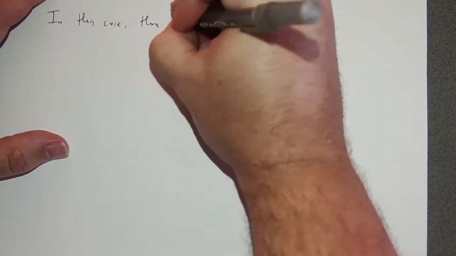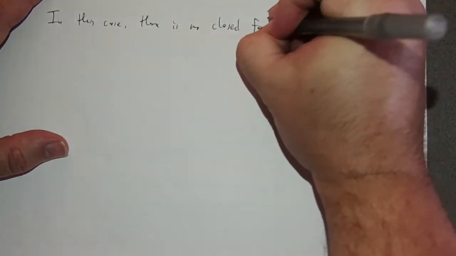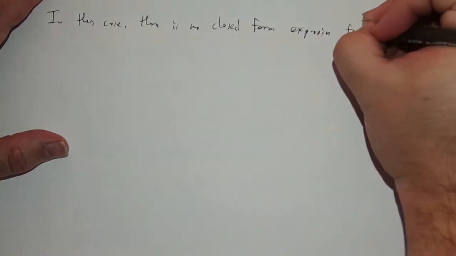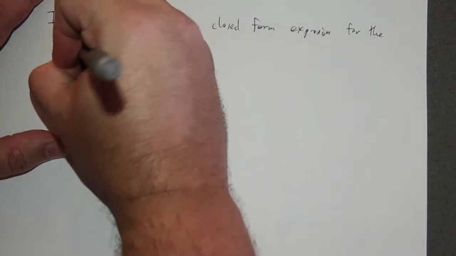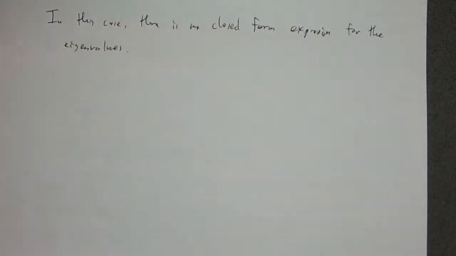So here, in this case, there is no closed form expression for the eigenvalues. Now you could say, well, can't I just write the eigenvalues as a symbol, lambda?